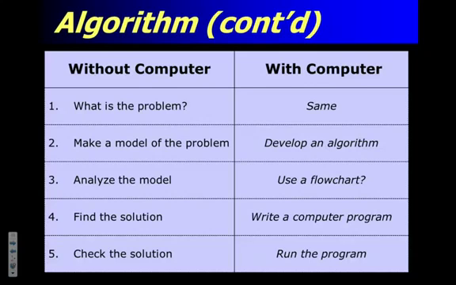Well, that could be where you develop your algorithm and use a flowchart or a top-down chart or neither as you start to develop your algorithm and then move to step 4 where now you're actually going to write the computer program, which, by the way, is exactly what we just did in our little Pong example. We actually wrote the computer program. We used the Scratch environment, which was drag and drop, and then we did step 5. We ran it. And if it didn't work, then we would have had to go back and start over again.